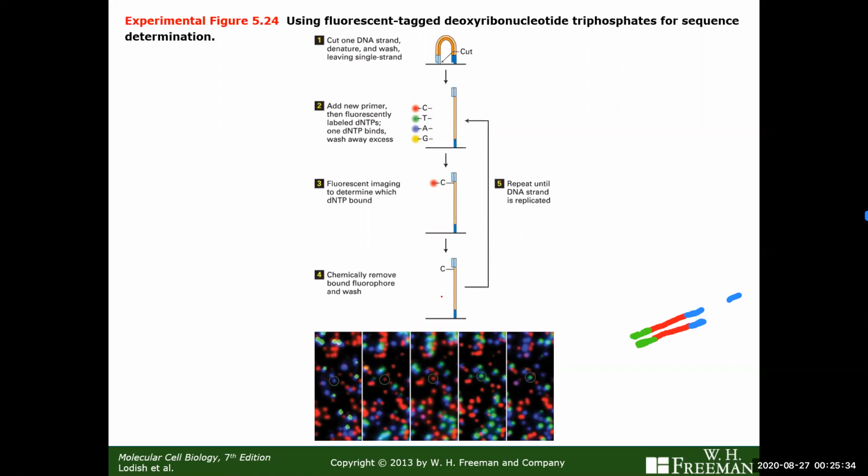So you will throw in these 4 fluorescently tagged nucleotides and add polymerase, and then this will be added to the primer, but the addition will be based on what is there on the other strand, right? Because DNA polymerase can only synthesize DNA based on a template.